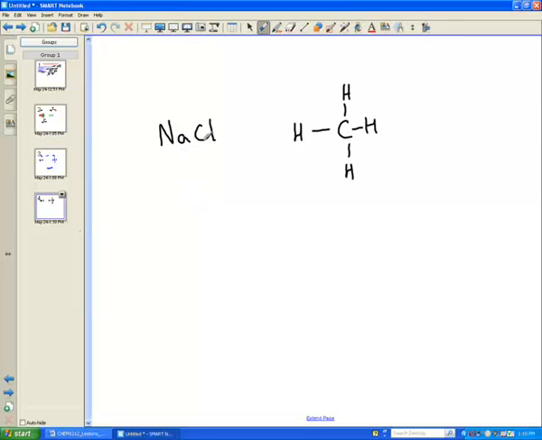Sodium's a metal, chlorine's a non-metal, so that should tell you this is ionic. So it's made up of ions, meaning not NaCl necessarily, but Na+ and Cl-. Most importantly, it means that I have ions present.